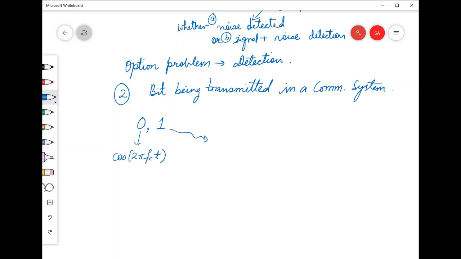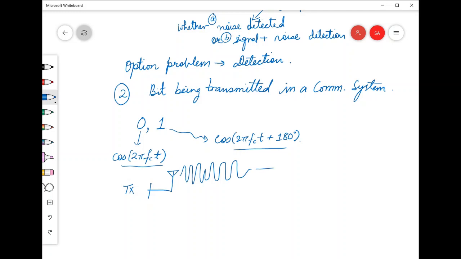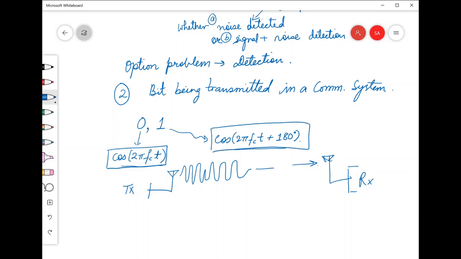A 1 is transmitted with cos 2 pi f c t plus some phase difference, let's say a 180-degree phase difference. At the transmitter side, you transmit these bits in the form of these sinusoidal waves. These waves travel, and at the receiver you have to detect whether you received this waveform or this waveform. So again it is option A or option B that was detected, which is again a detection problem.